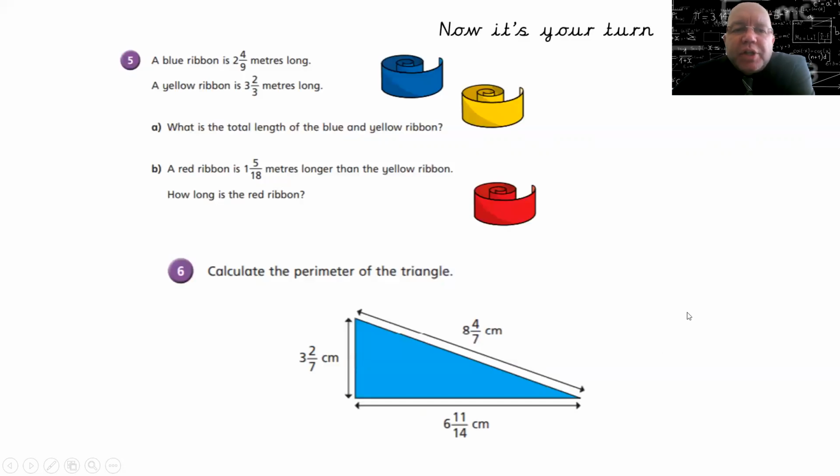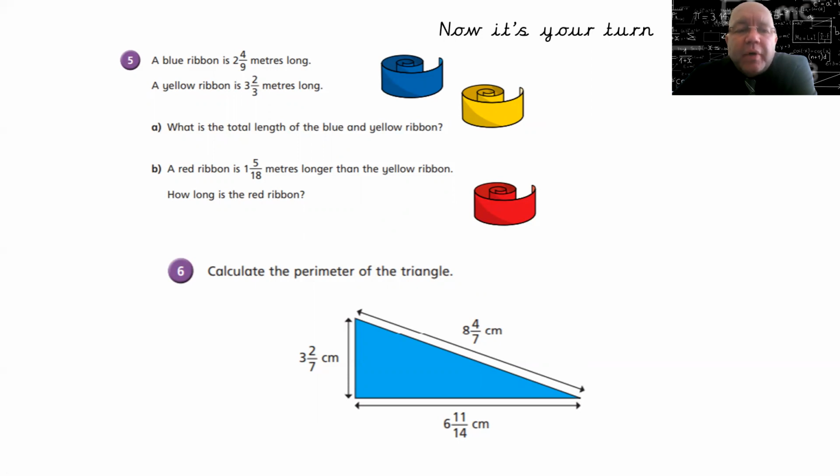Right. A few little challenges for you just to finish off today. A, a blue ribbon is 2 and 4/9 of a meter long, and a yellow ribbon is 3 and 2/3 of a meter long. What's the total length of the blue and yellow ribbon? So there's the first question, a nice straightforward addition. B, a red ribbon is 1 and 5/18 meters longer than the yellow ribbon. How long is the red ribbon?